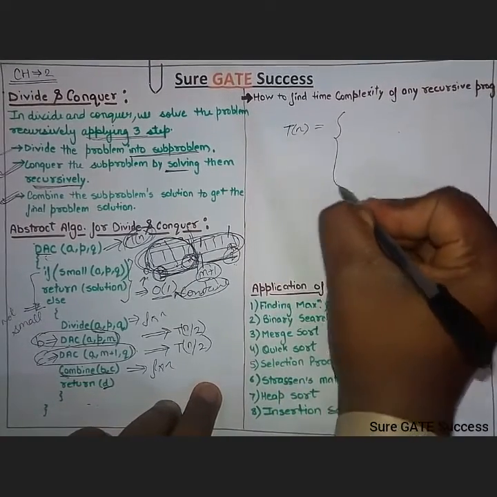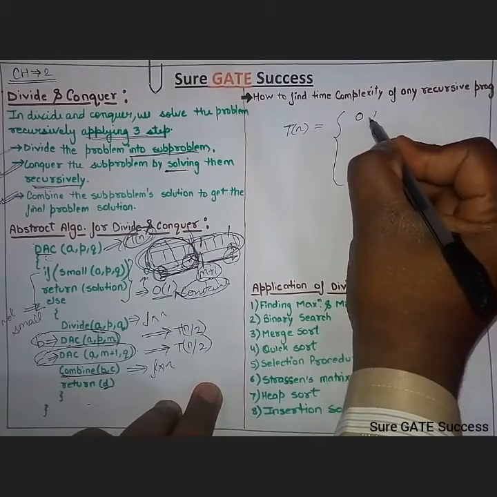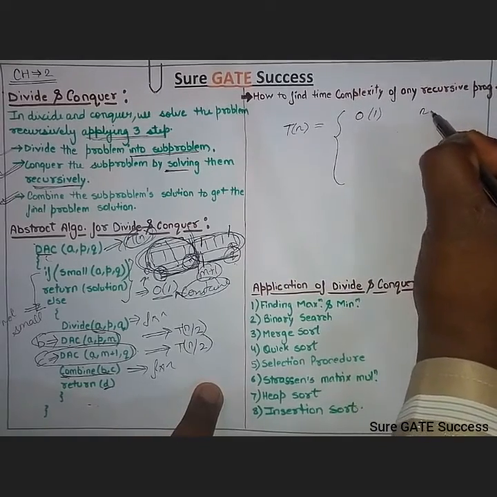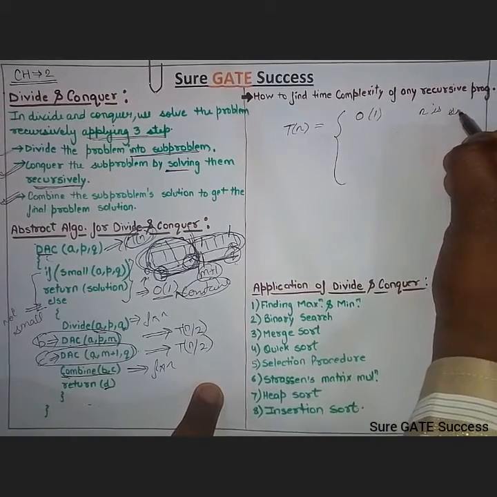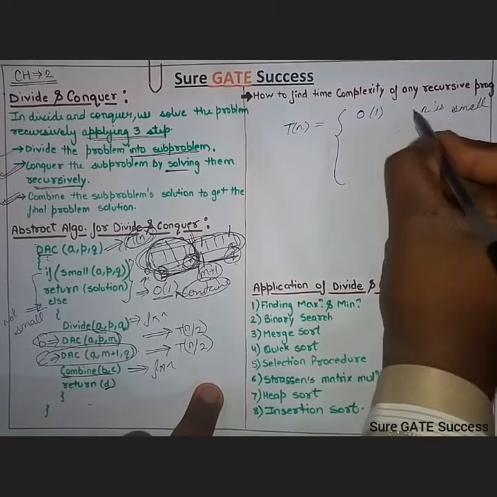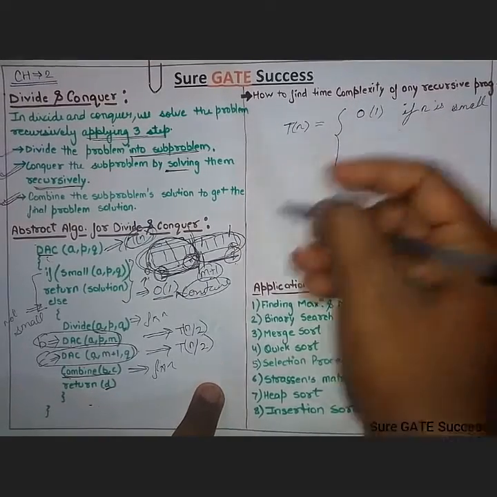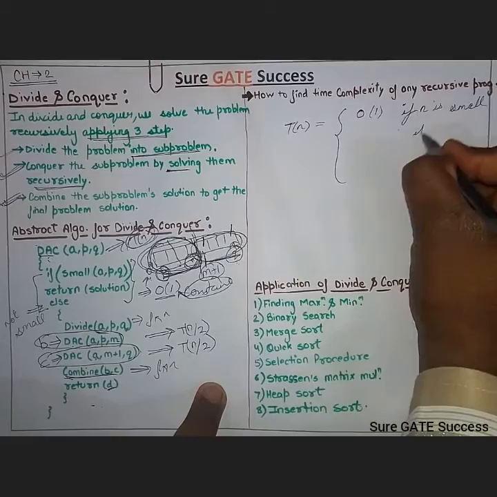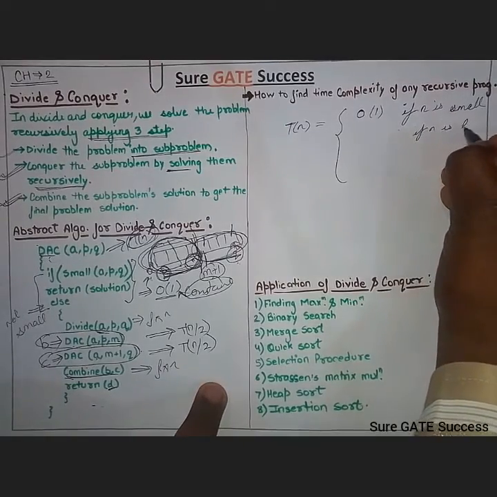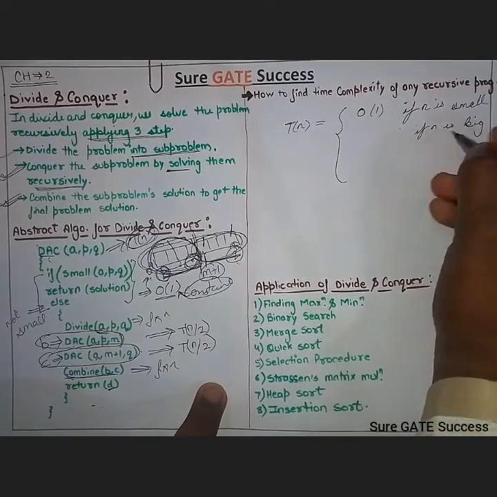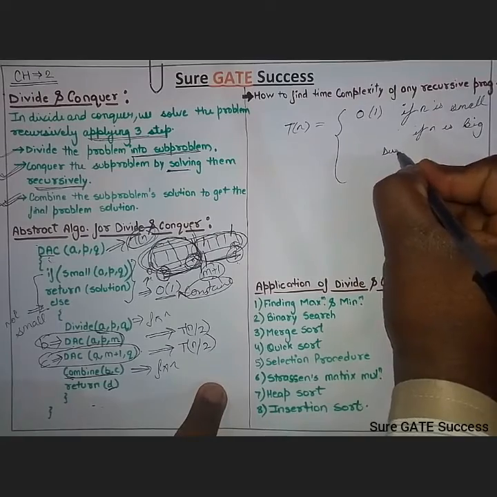Tn is order of 1 in case n is small. And if n is big, what do we have to do first?